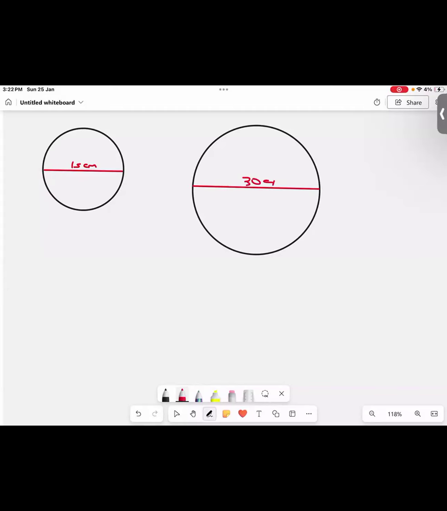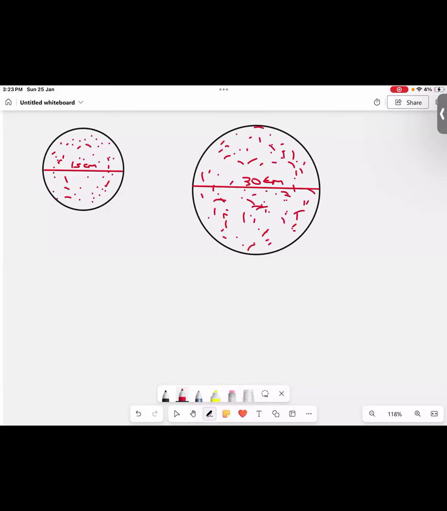And as they say, both pizzas have the same toppings and they were equally thick. So that was the diagram that represents the information that we just read.